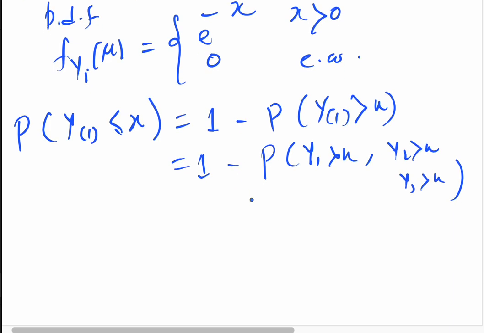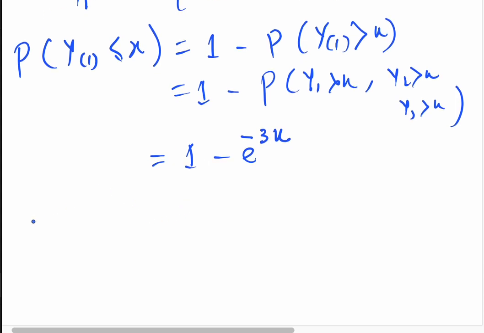So this is nothing but 1 minus e to the power minus nx, where n is the number of variables, so here 3 variables, so 1 minus e to the power minus 3x. Then the PDF of y1 will be the derivative, so 3 e to the power minus 3x.